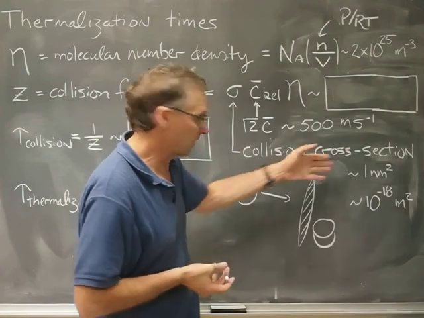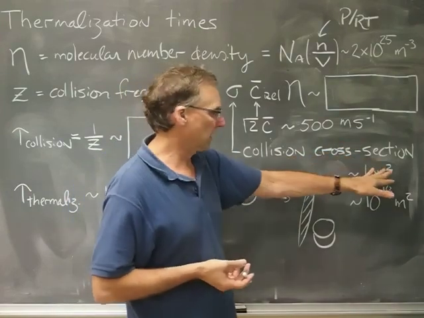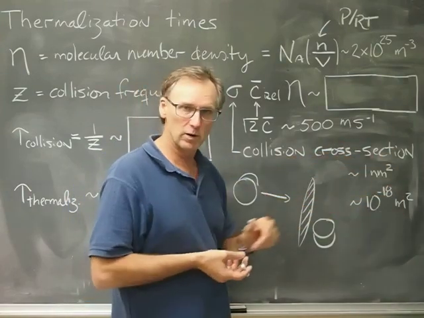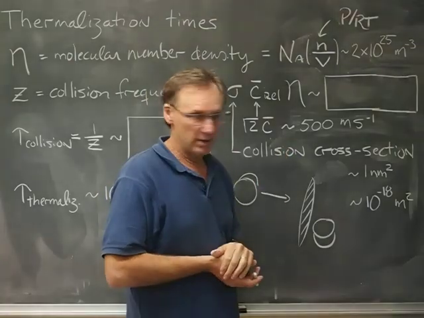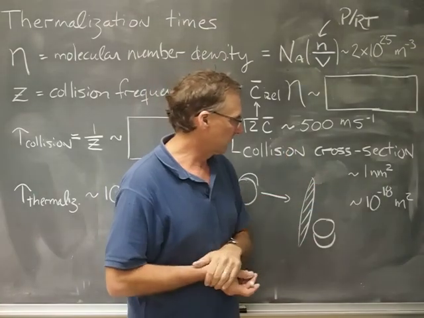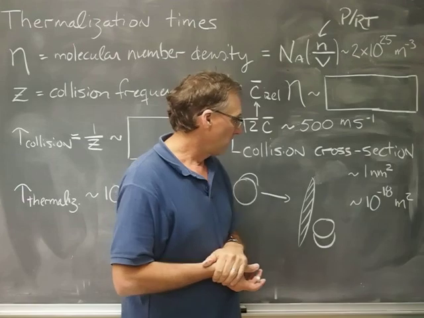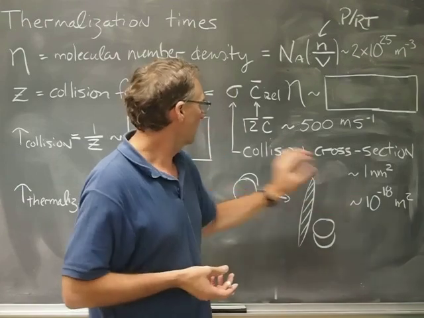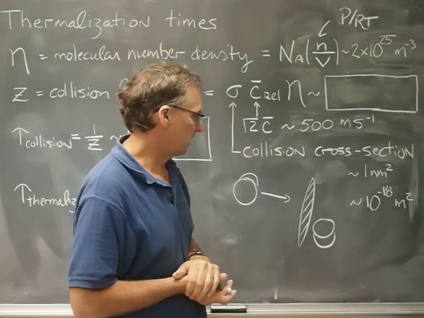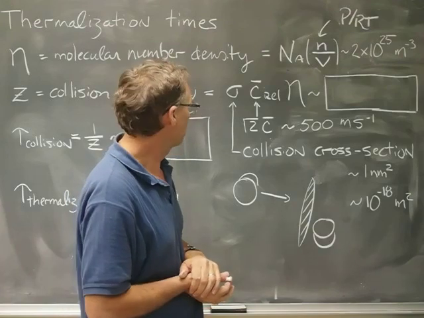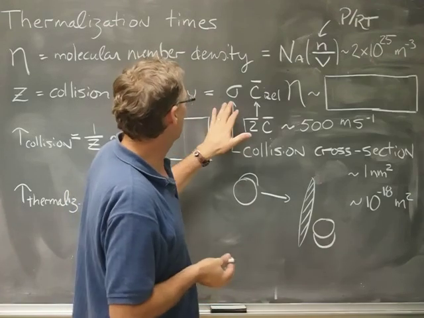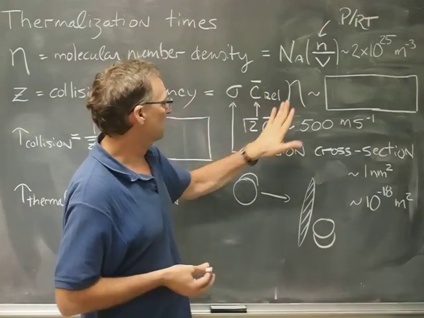Now, if we want to be in an SI system, I would have to convert nanometers squared into meters squared. There are 10 to the 9th nanometers in a meter, so that gives rise to 10 to the minus 18 meters squared. So that's our collision cross-section. Okay, we've got that number, that number, that number.